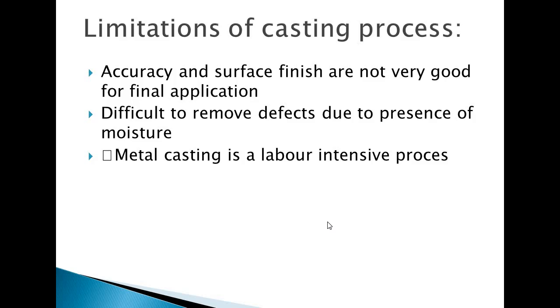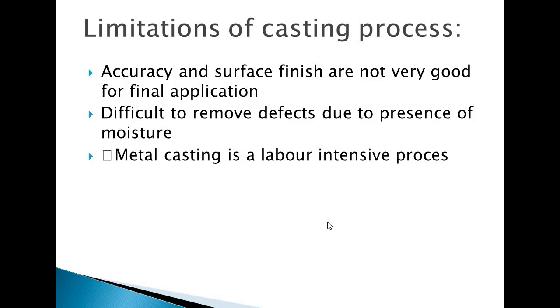The accuracy and surface finish you get from machining on a VMC, CNC, or lathe, you will not get from casting. So we always need to keep open tolerances for such casting parts.